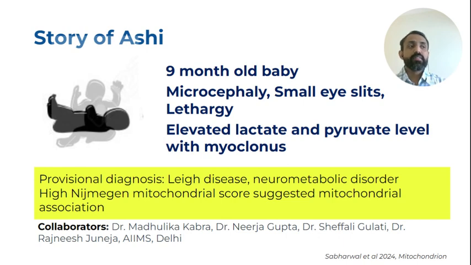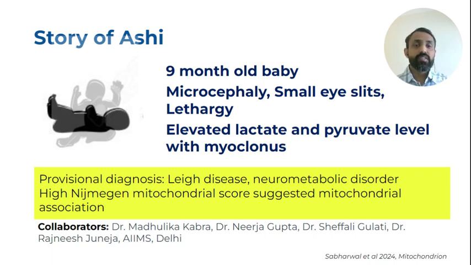Now, I will exemplify this with one example from our past studies. This was done as part of the GUARDIAN Consortium in my previous institute, the CSIR Institute of Genomics and Integrative Biology. This child, whom we call Ashi, was referred to us by the All India Institute of Medical Sciences as a 9-month-old baby with a small head, microcephaly, small eyes, failure to thrive, and of course, with labs suggesting an elevated lactate and pyruvate.